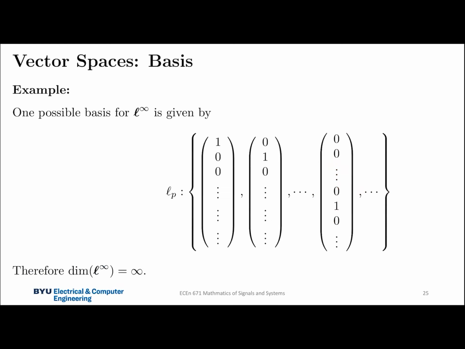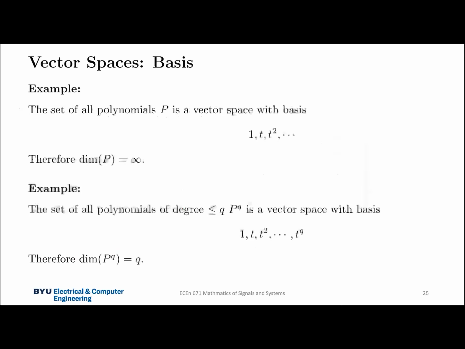If we have the set of bounded sequences, one basis would be again 1 in the first element, then 1 in the second, all the way up to 1 in the nth, going on to infinity. Since these are infinite sequences, and we need an infinite number of linearly independent vectors to span the space, the dimension of L infinity is in fact infinity.